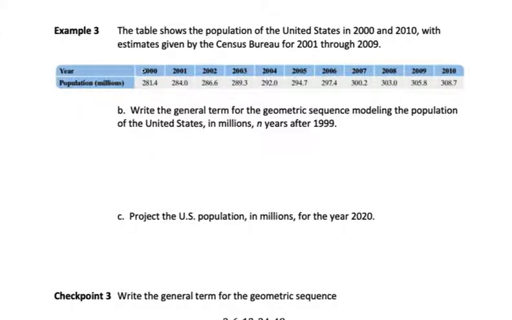So I'm going to replace my years here with n. In the year 2000, that's 1 year after 1999. So this is 1. This is going to be my second term. This is going to be my third term, etc.